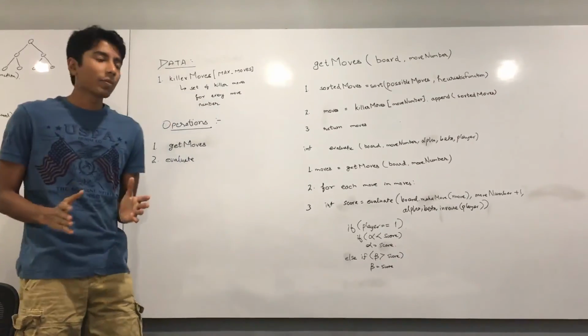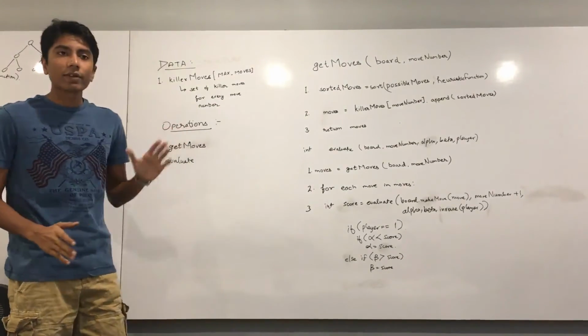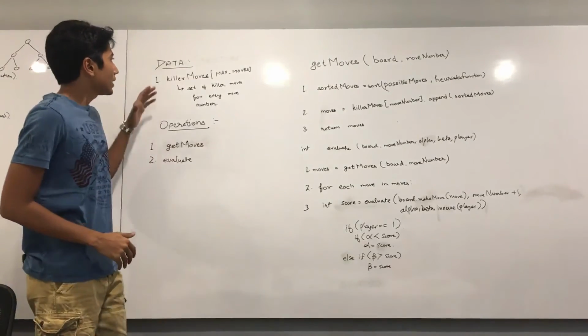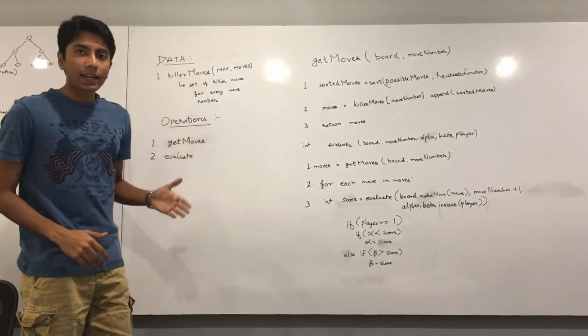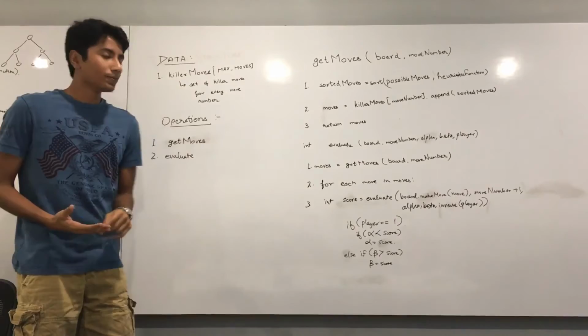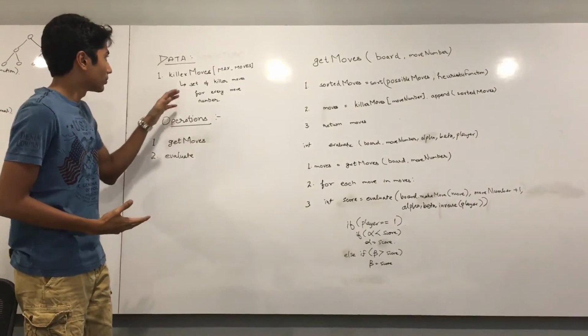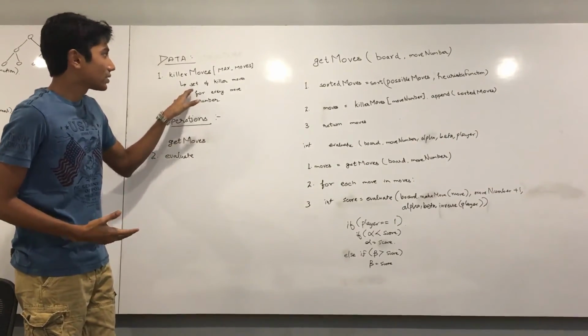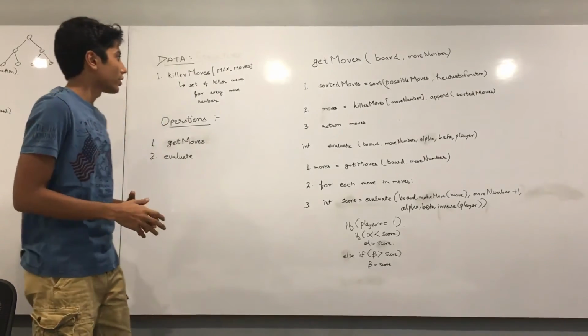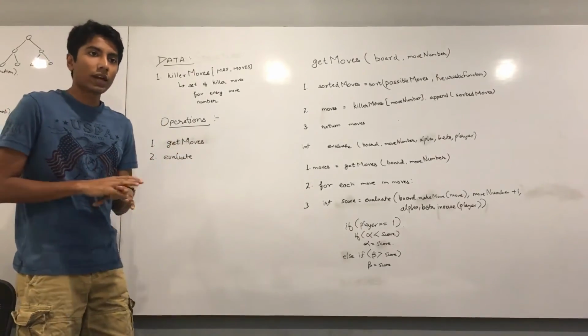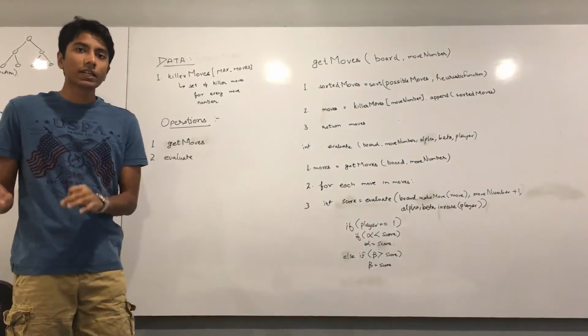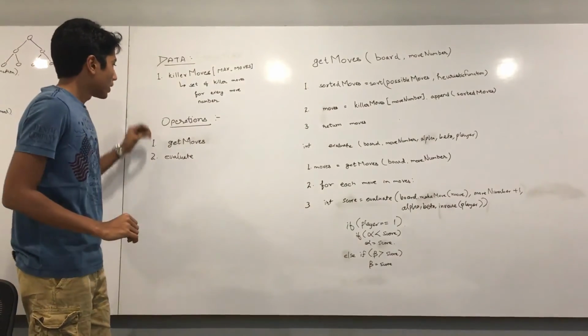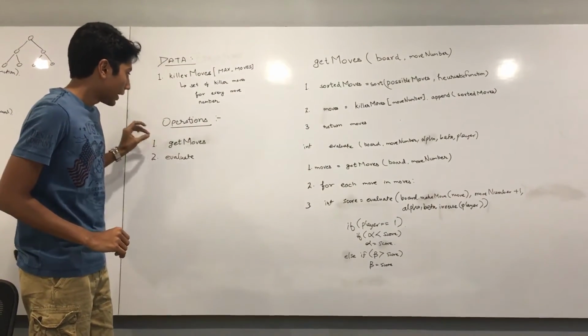If you compare with alpha beta, there's just a few more operations and variables that we require. Firstly, killer moves is an array that we are going to store for each move number. This array is going to be maintained like a set, so that whenever we are appending or doing any sort of manipulation with it, all the moves in it are going to be distinct. There's also operations that get moves and evaluate.